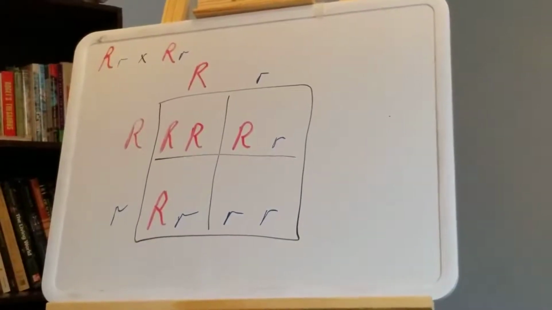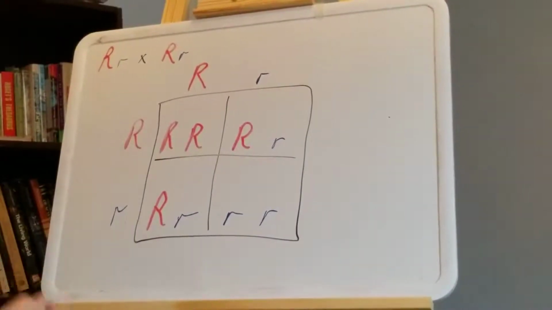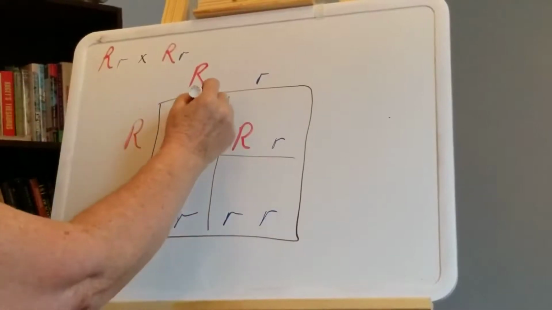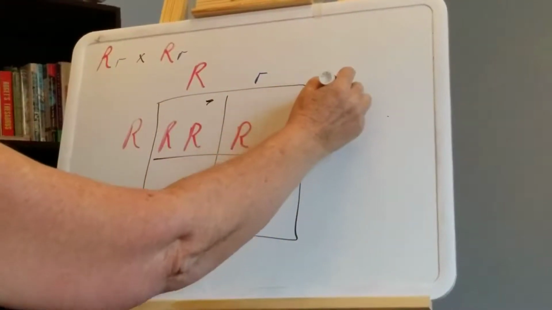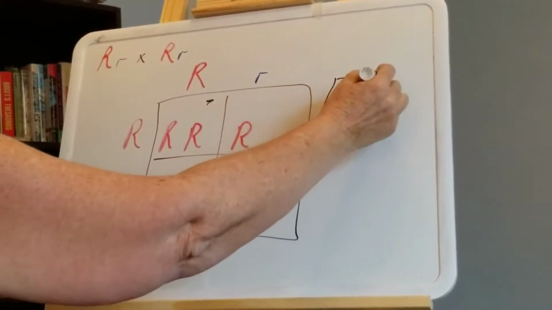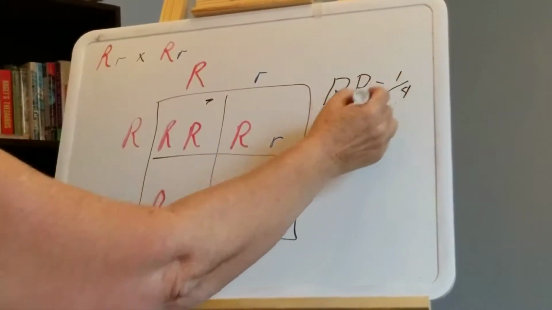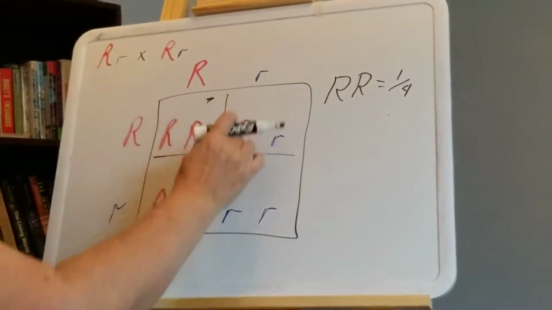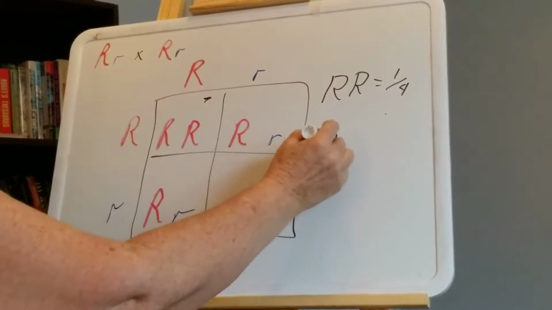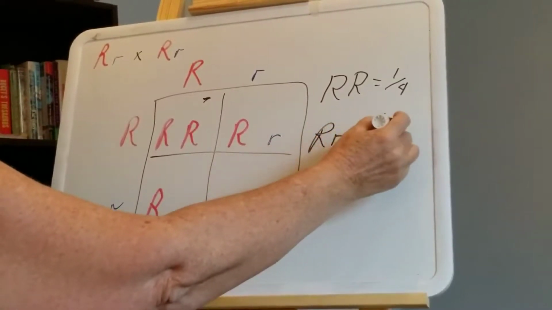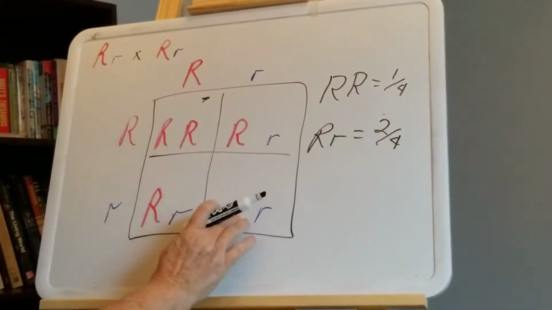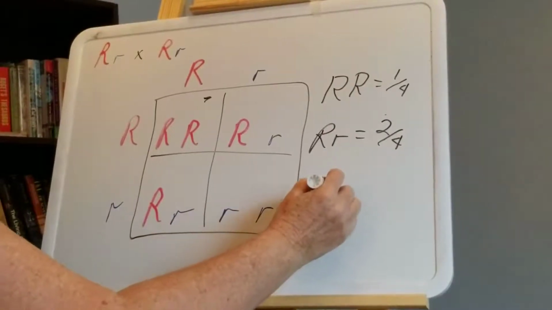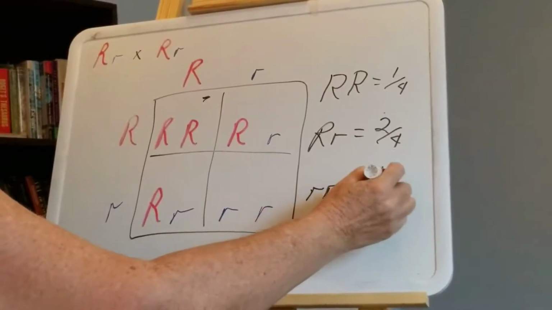Now, what do we have in terms of genotype? We have right here a big R, only 1 out of 4. We have 2 out of 4, a big R, little r. And then we have a little r, we have 1 out of 4.